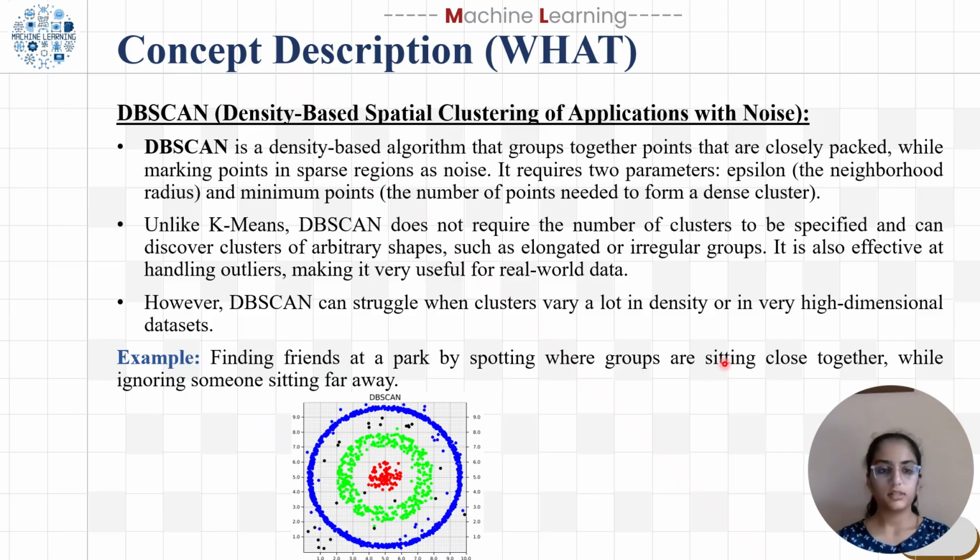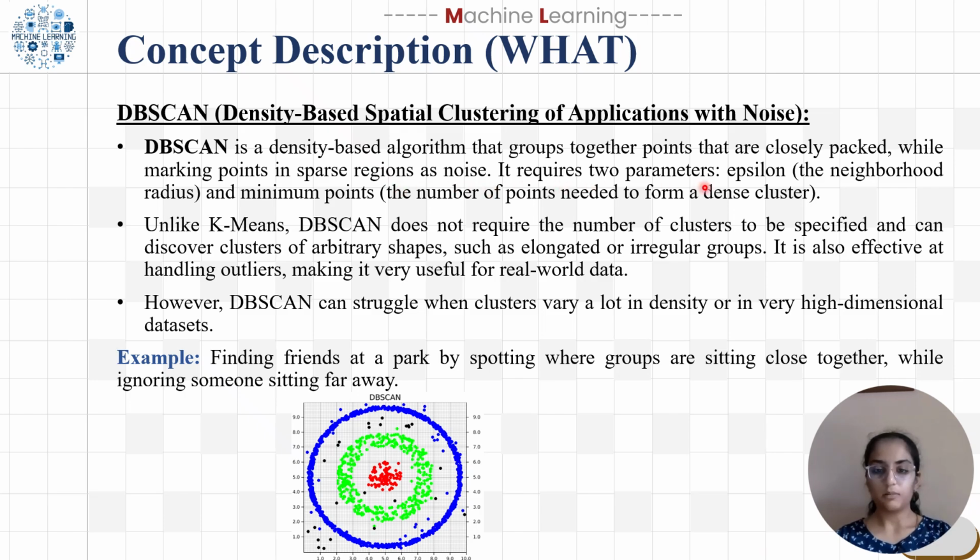After that we will see DBSCAN, that is density-based spatial clustering of applications with noise. DBSCAN is a density-based algorithm that groups together points that are closely packed while marking points in sparse regions as noise.